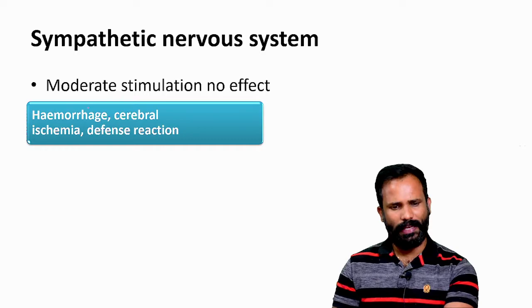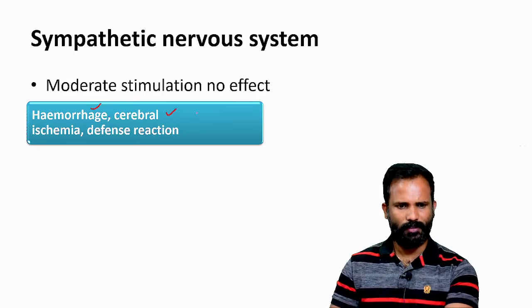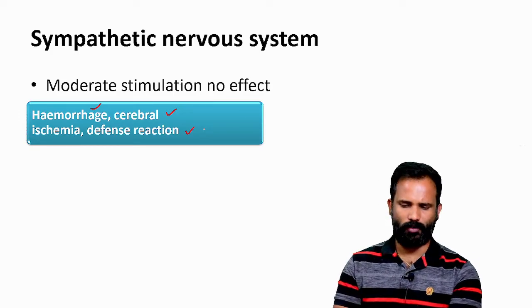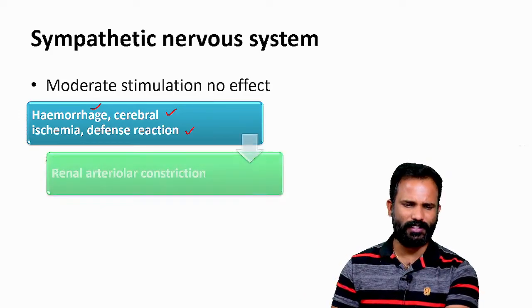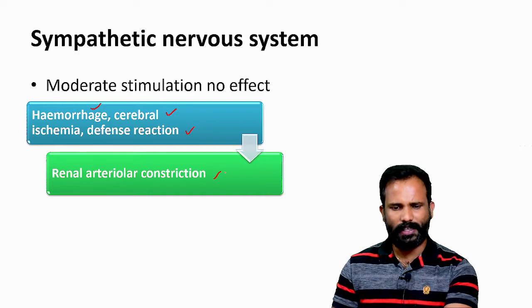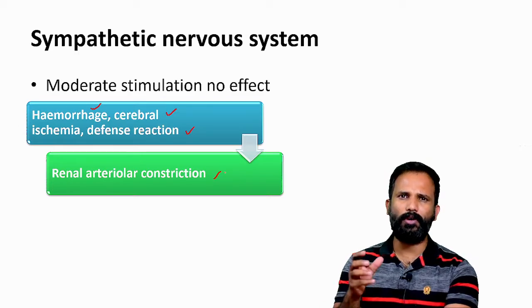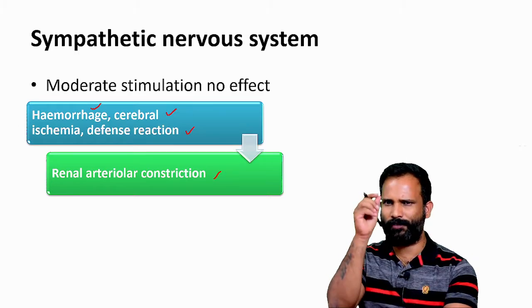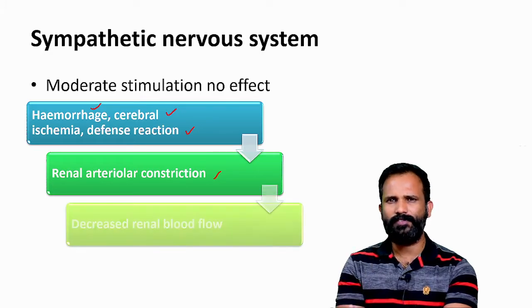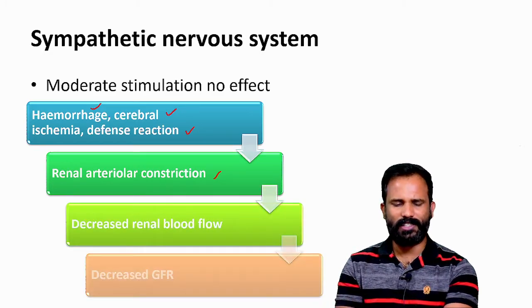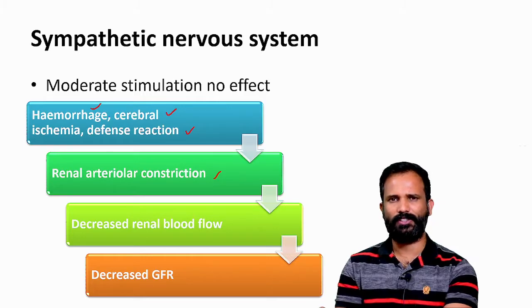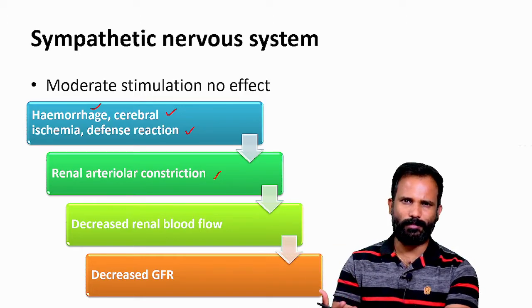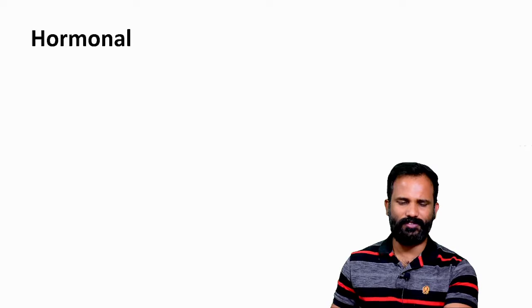But if there is a hemorrhage or ischemia to the CNS, cerebral ischemia, or in the fight or flight response, what happens is intense sympathetic discharge, and that causes renal arteriolar constriction. We know that if the blood flow is reduced, GFR is reduced. So decreased renal blood flow, decreased GFR. So the more the sympathetic nervous system activation, the more GFR decreases.